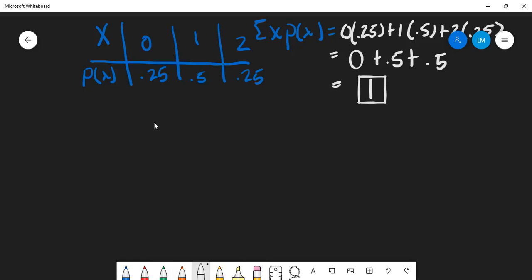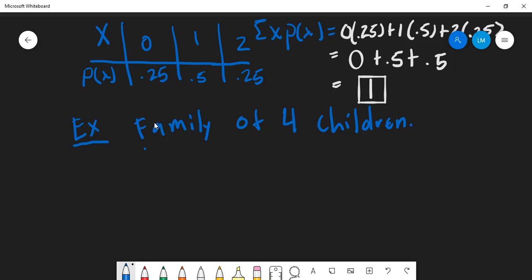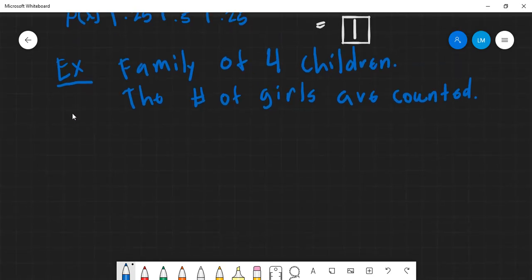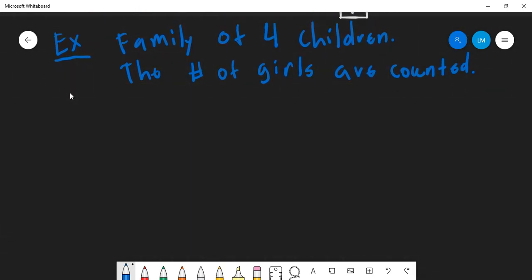Suppose that there's a family of 4, and let's say that the number of girls are counted. A typical question might ask, find the expected number of girls.